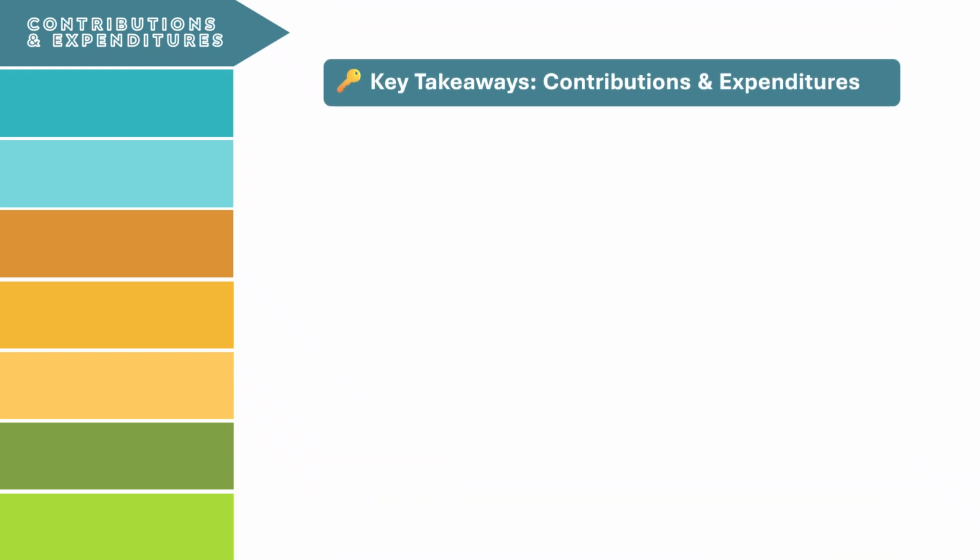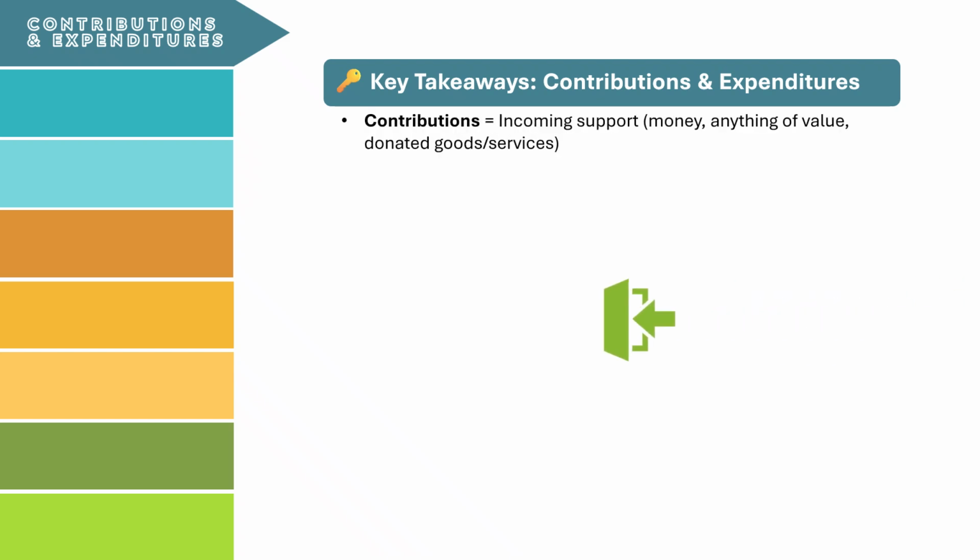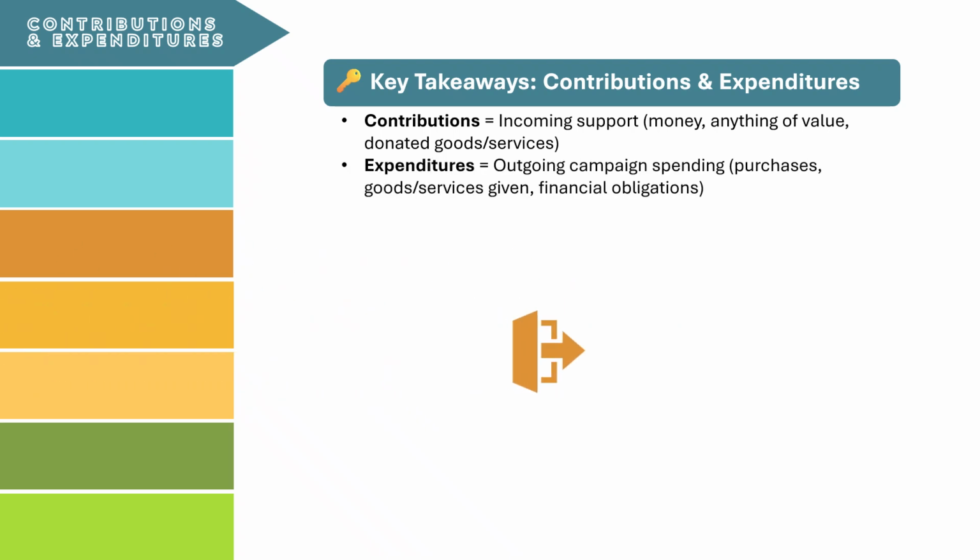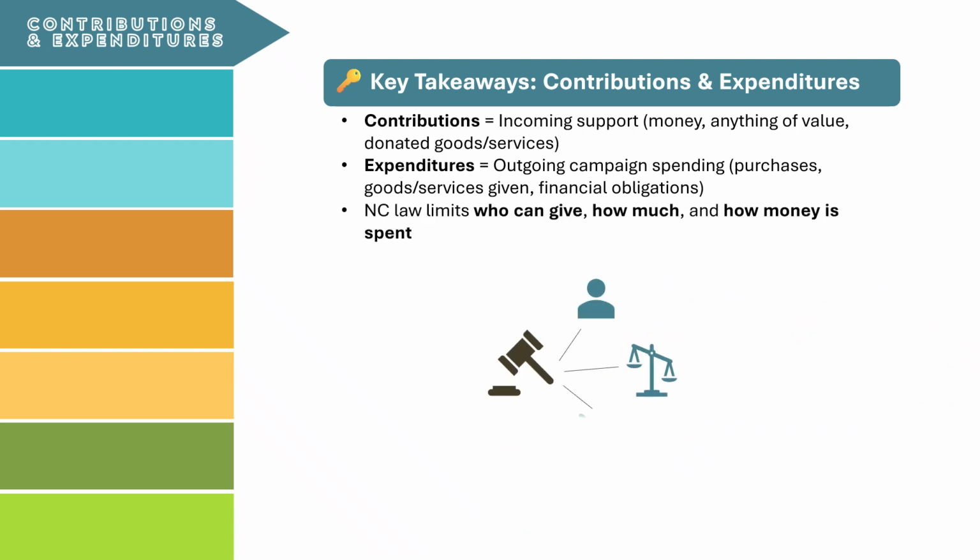Let's wrap up with a few key takeaways to remember about contributions and expenditures. First, think of contributions as incoming support. This can be money or donated goods or services, anything of monetary value. Expenditures, on the other hand, are outgoing spending, purchases, goods or services provided, or financial obligations made by the campaign.